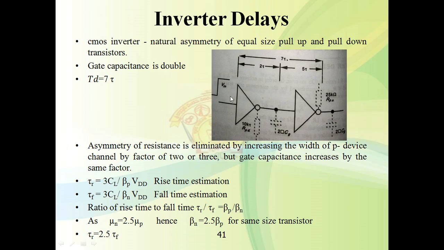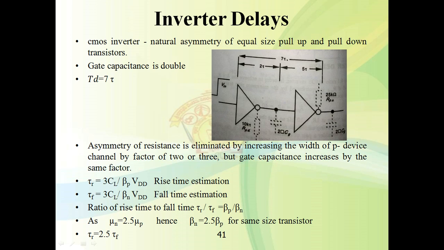As we have already discussed, the p-type transistor will have 2.5 times the resistance of the n-type transistor. Therefore asymmetry will be there.